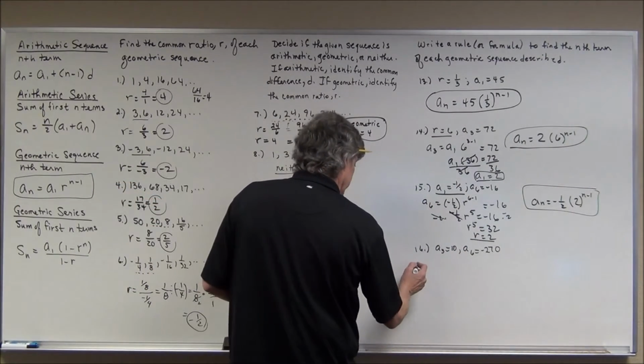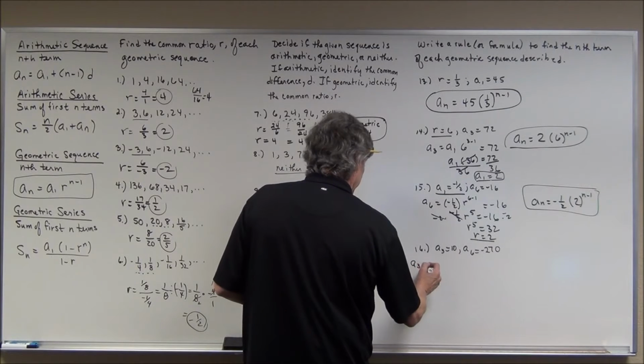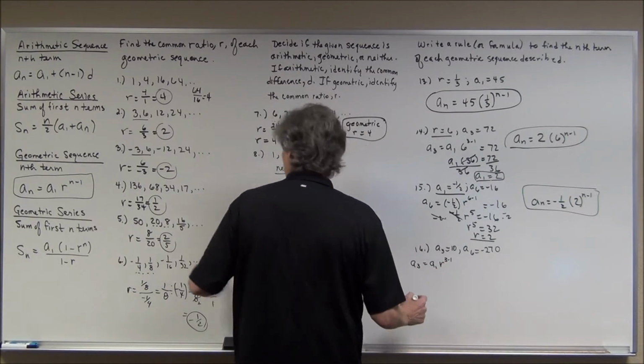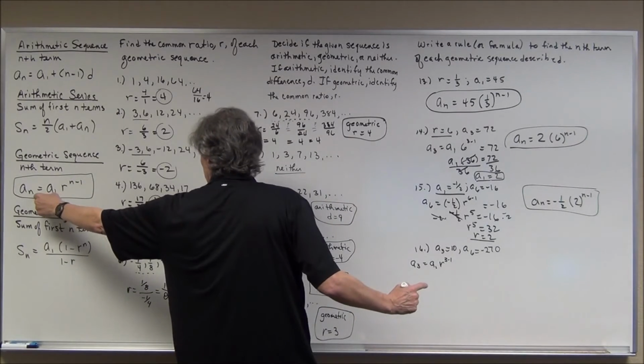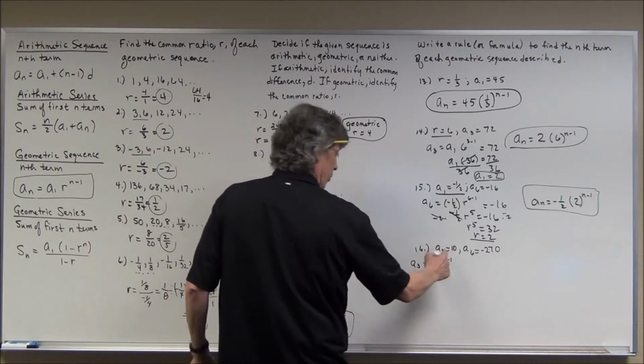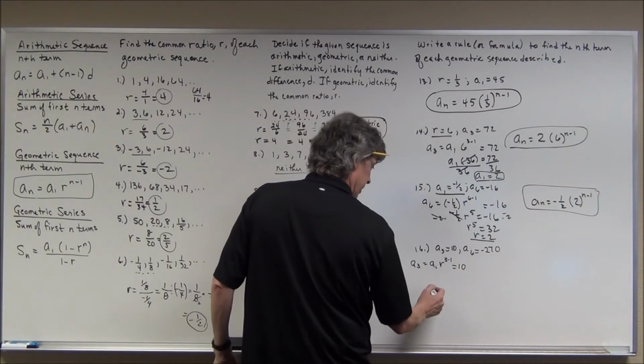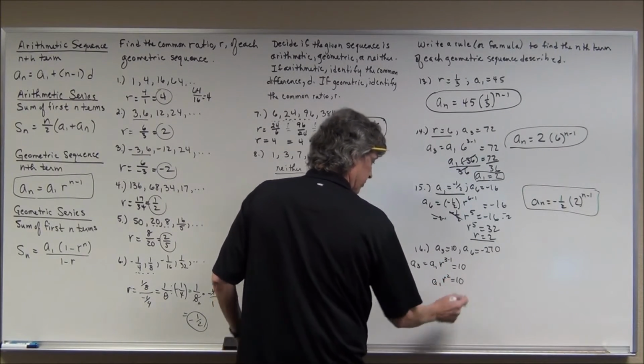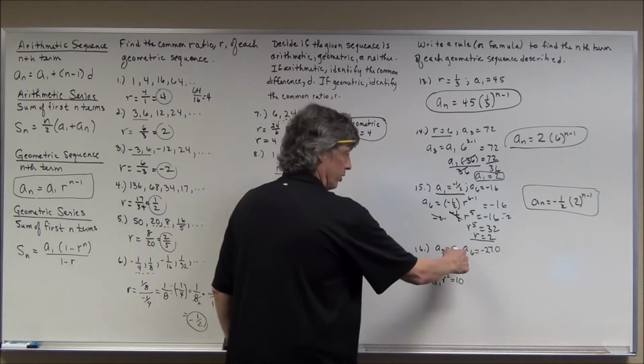Back to here, a sub 3 is equal to a sub 1 r to the 3 minus 1. 3 minus 1, because I'm doing a sub 3, n is 3. And according to this is equal to 10. So that means a sub 1, and this is r squared, equals 10. There's one equation. Now I use this.